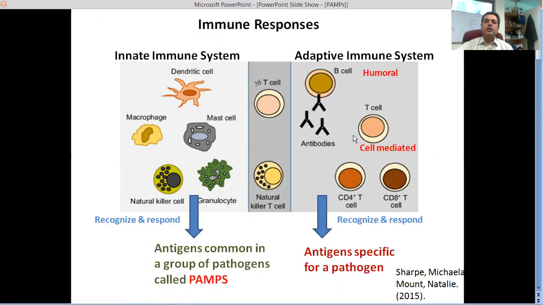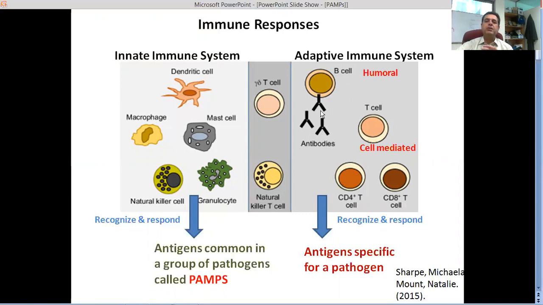But the adaptive immune system would generate specific responses by recognizing Pseudomonas from Salmonella typhi. Antibodies generated for Pseudomonas would be different from antibodies generated in the case of Salmonella typhi. And it is because of the specific antigens that are recognized by this system, with the help of the T helper cells, the B cells will produce antibodies against those particular antigens.